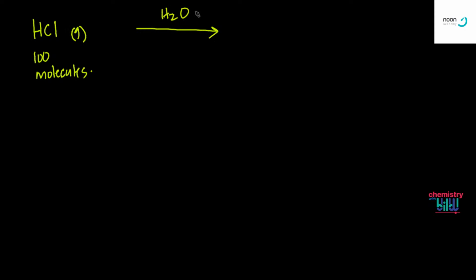So, for example, I take HCl and I take 100 molecules, even though we know we can take a lot more, but let's say for the sake of argument हम सिर्फ 100 molecules of HCl लेते हैं, gas, ठीक है? Or when we bubble those 100 molecules of gas through water, we say that all of them ionize, meaning you will get 100 ions of H plus and 100 ions of Cl minus.